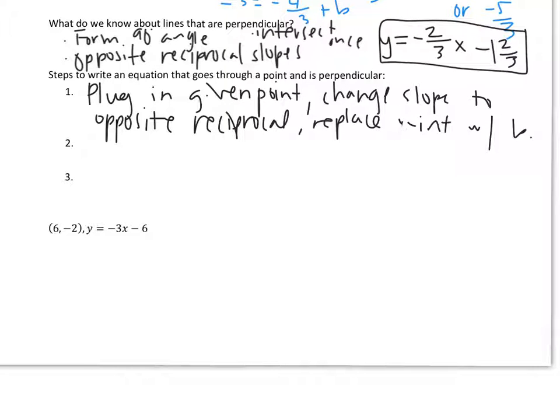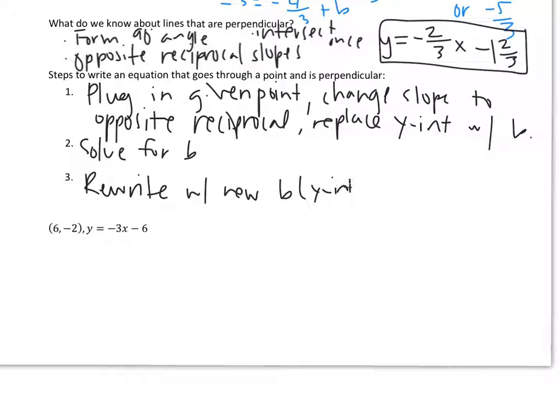And this looks like x, but that should be y. Then we'll solve for b. And then, just like the last couple of steps, we'll rewrite with the new y-intercept and opposite reciprocal slope.